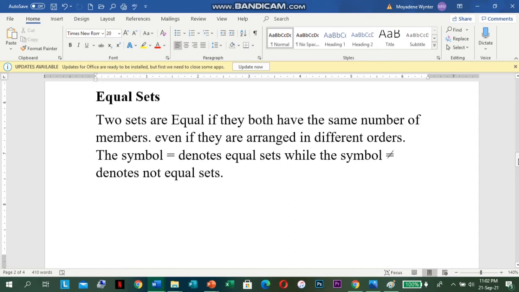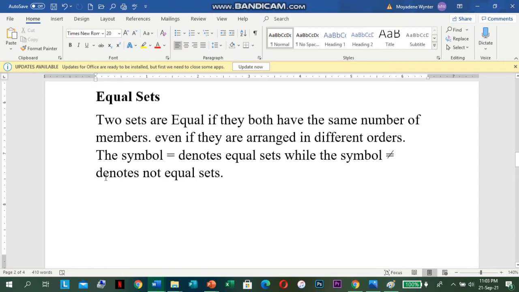Two sets are equal if they both have the same number of members, even if they are arranged in different orders. And look carefully at the symbols, please. The equal sign denotes equal sets, while the equal sign with a diagonal line drawn across it denotes not equal sets.